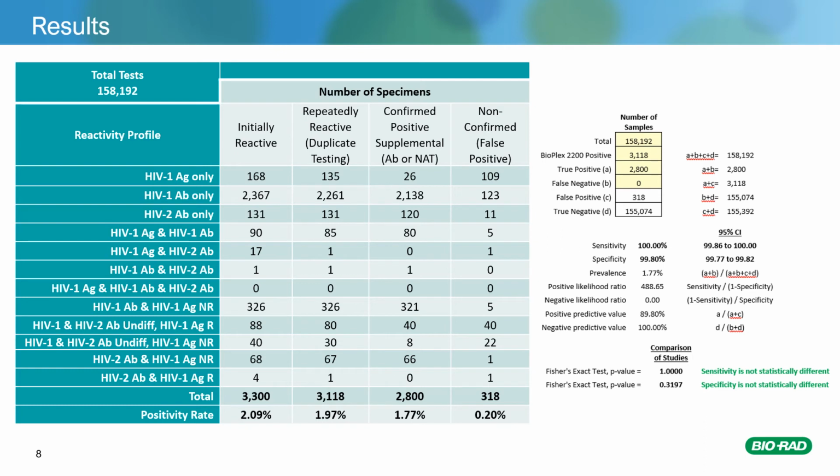As previously mentioned, the overall specificity was 99.8%, and this was not determined to be statistically significantly different from the BioPlex assay claim as tested by the Fisher's exact test calculation. The p-value is noted there in the lower right-hand corner at 0.32 essentially.